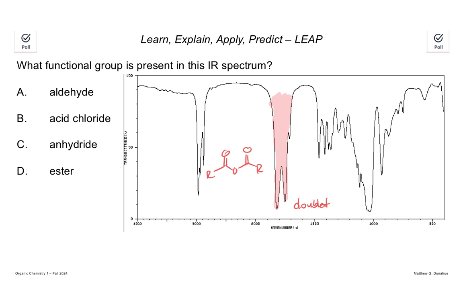Or if they're stretching in different directions at the same time, that's asymmetric stretching. And so that's a different signal. So the anhydride will always look like that. And so that's one way that you can differentiate all the carbonyl-containing functional groups.